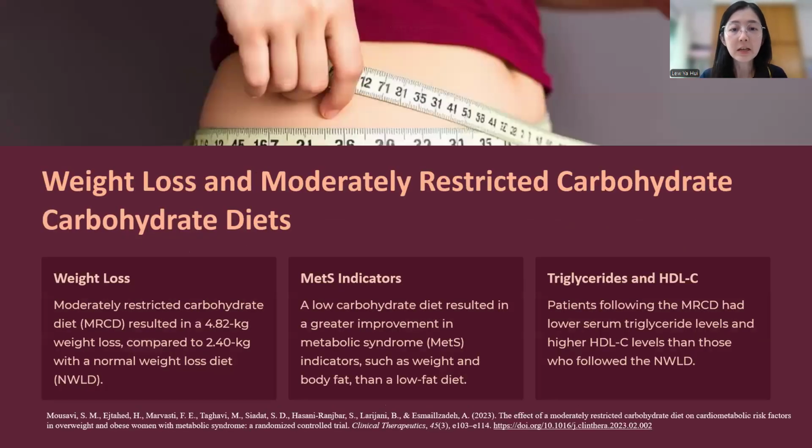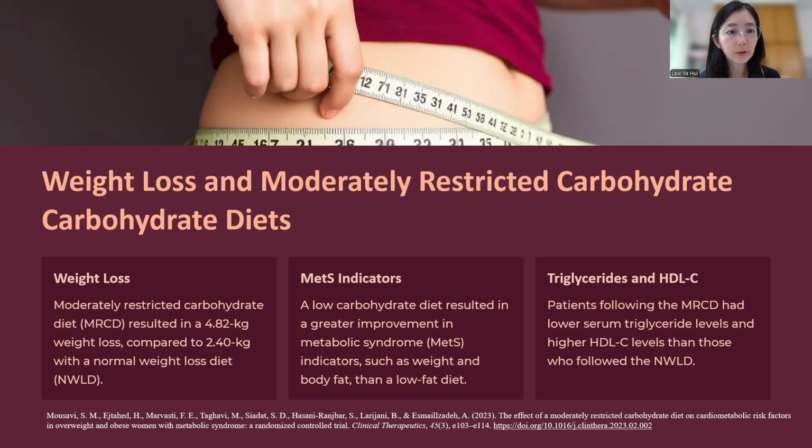Some of the research, the clinical trial, shows that a moderately restricted carbohydrate diet resulted in a significant improvement in weight, BMI, waist circumference, and hip circumference, compared to a normal weight loss diet.